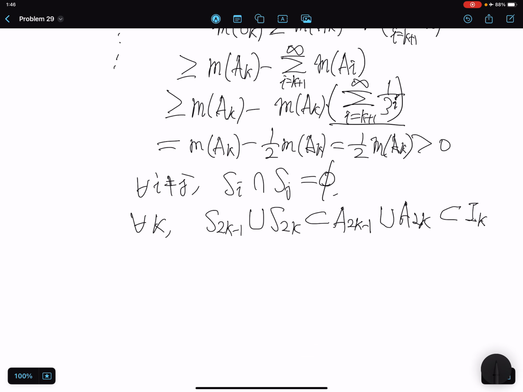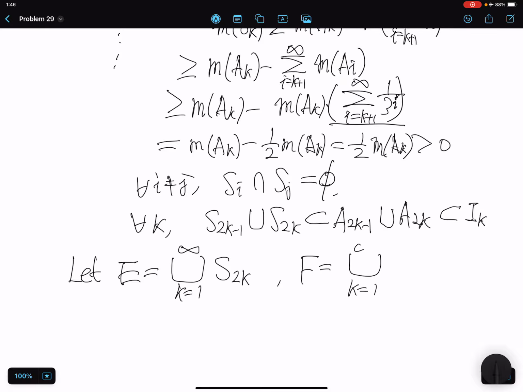So now let our final E be the union of all the S with even index, S sub 2k. And at the same time, look at this set F, the union of all S sub 2k minus 1 with the odd index, right? So from this condition, we know E and F are disjoint, first of all, right?